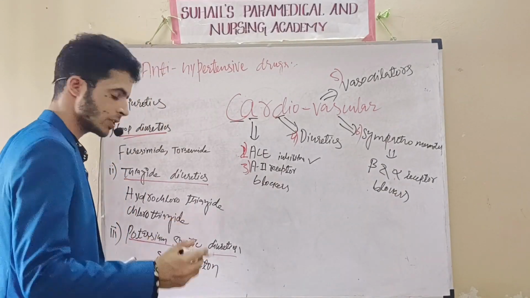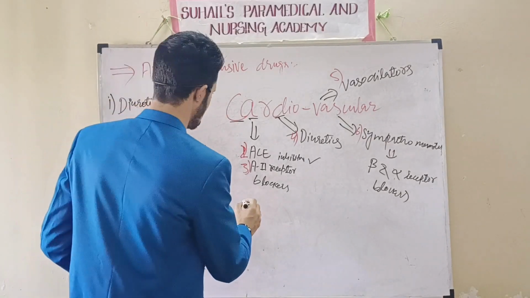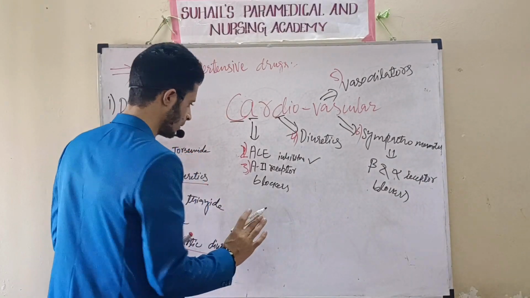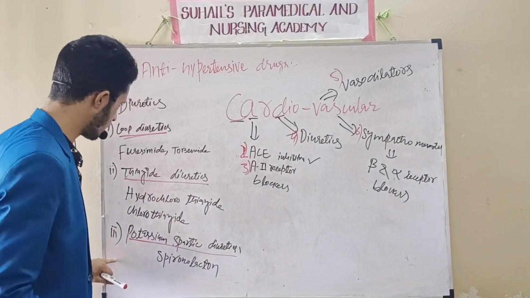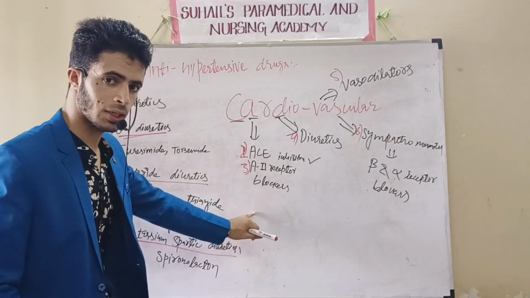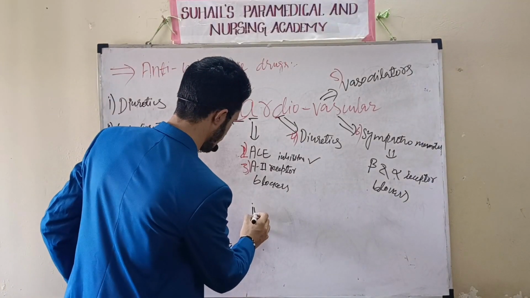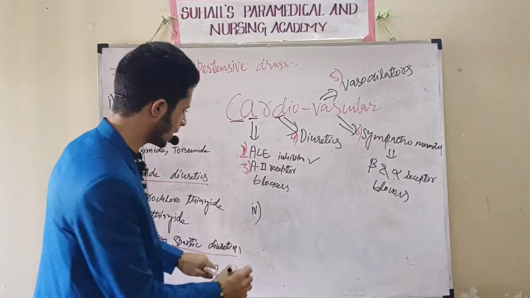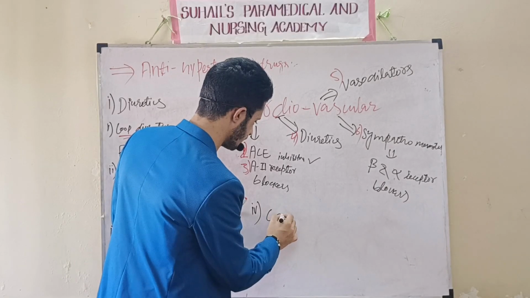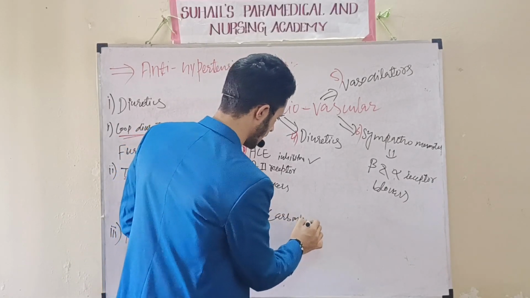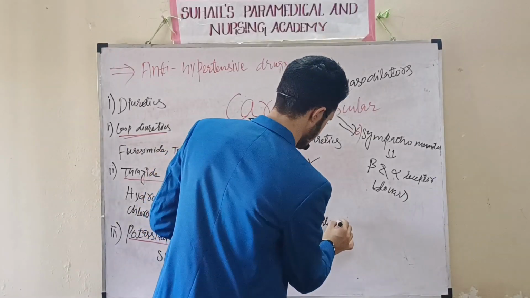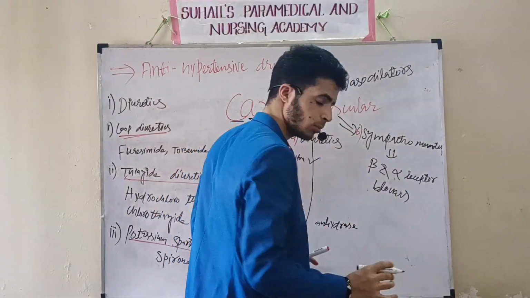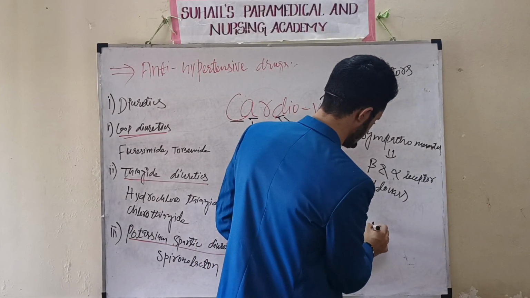Then one more classification is there. Two classifications are more. I am telling the classification of diuretics. The fourth classification will be carbonic anhydrase inhibitors.